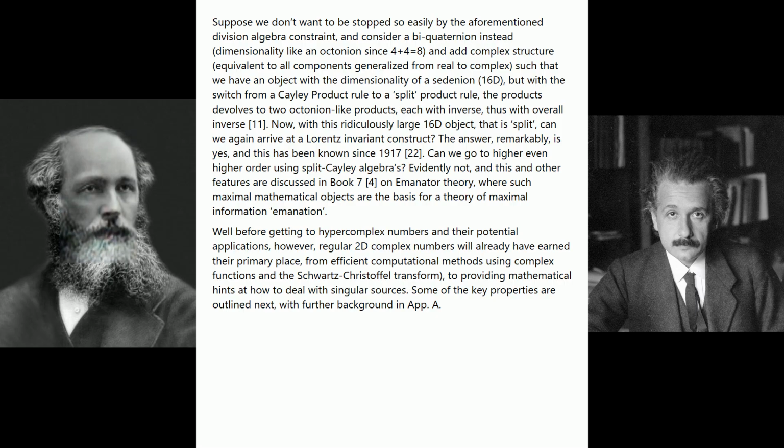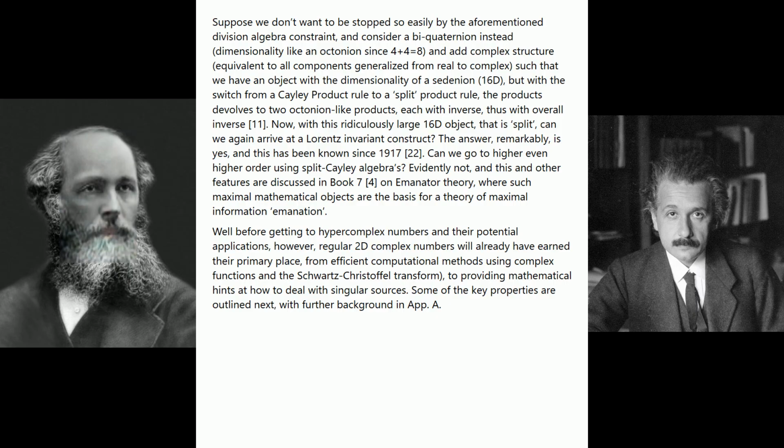Now, with this ridiculously large 16D object that is split, can we again arrive at a Lorentz invariant construct? The answer, remarkably, is yes, and this has been known since 1917. Can we go to higher, even higher order using split Cayley algebras? Evidently not, and this and other features are discussed in Book 7 on emanator theory, where such maximal mathematical objects are the basis for a theory of maximal information emanation.